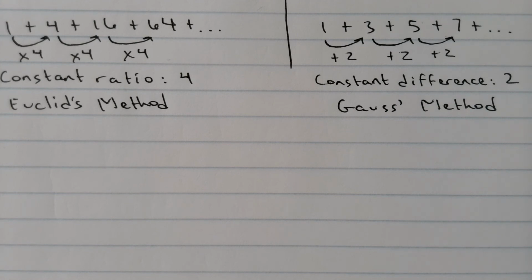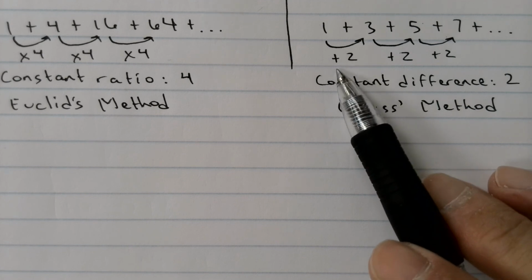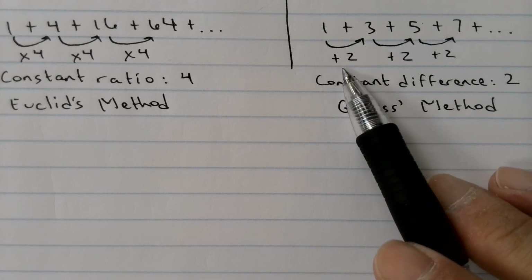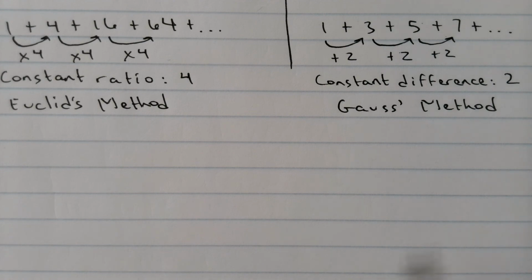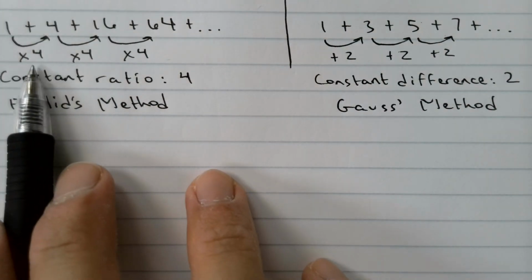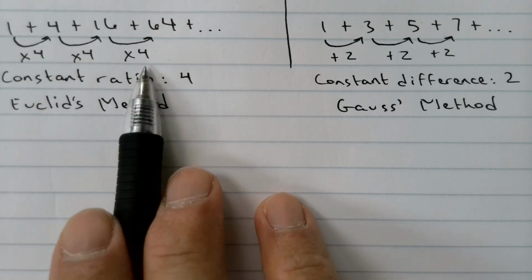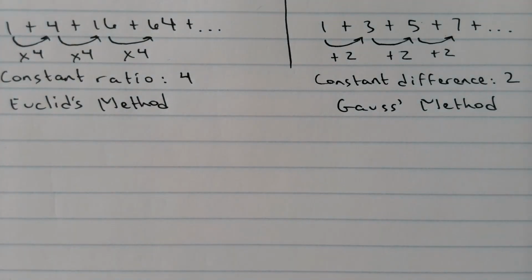But this video is strictly to show you which method you can use, and you have to pay attention to whether the series is going up by adding a certain amount or down by a certain amount, and whether the series is going up by multiplying by a certain amount as you go across each time, to determine whether you have a constant difference or if you have a constant ratio.